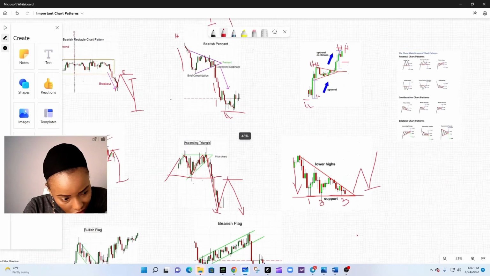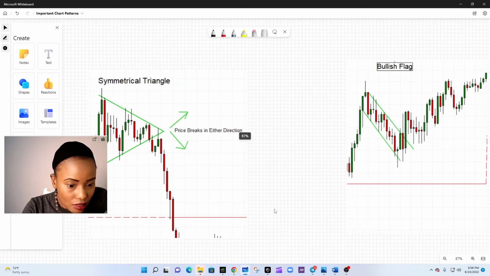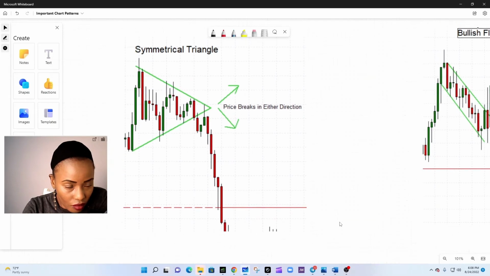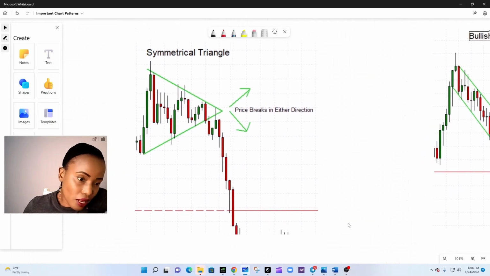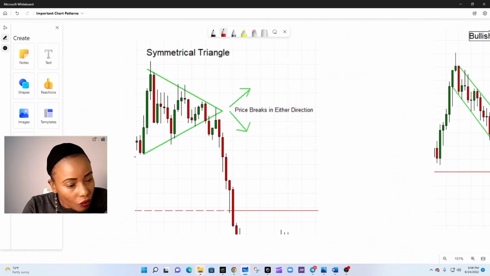Let's look at the final triangle. The final triangle is called the symmetrical triangle chart pattern. Why do you call it symmetrical? It's because when you draw two trend lines, they converge at a certain price point, and the distance between the high and the low price points is equal, so the triangle is symmetrical.